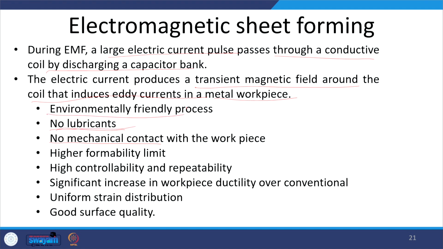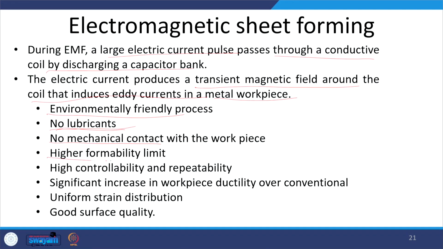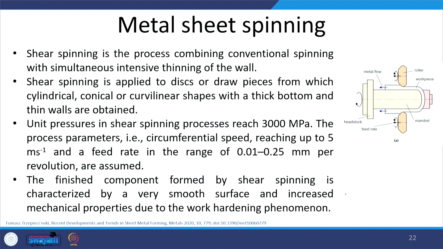Only electromagnetic force is generated, where the sheet metal is pushed hard against the die in order to take the shape. It allows high formability limits, high controllability and repeatability of the process, a significant increase in the workpiece ductility as compared to the conventional, uniform strain distribution and good surface quality. So, there are many benefits which are realized through electromagnetic forming.